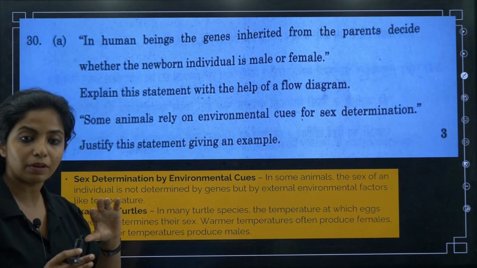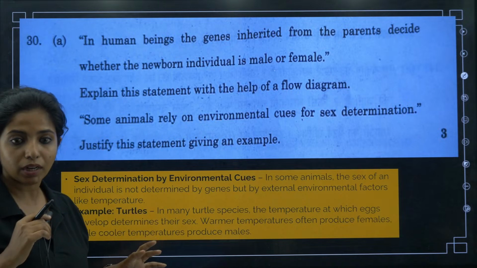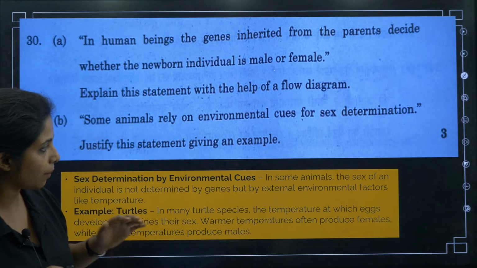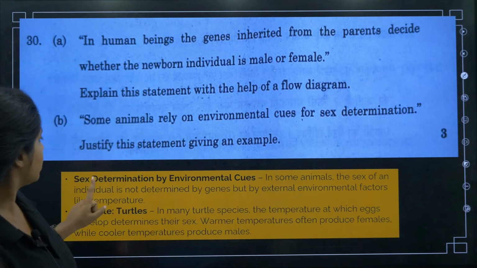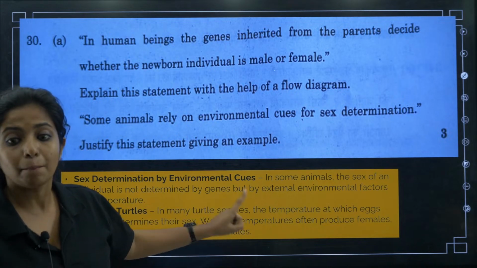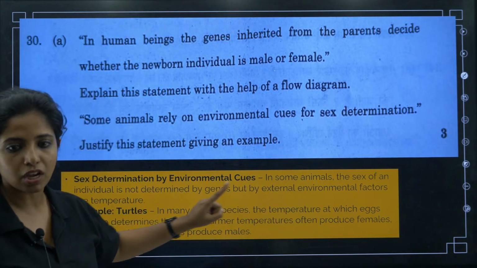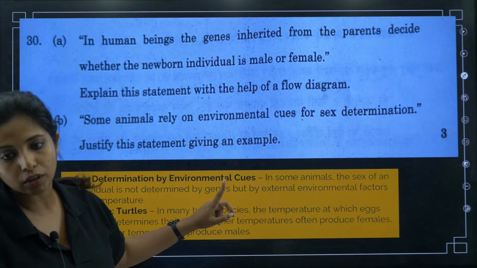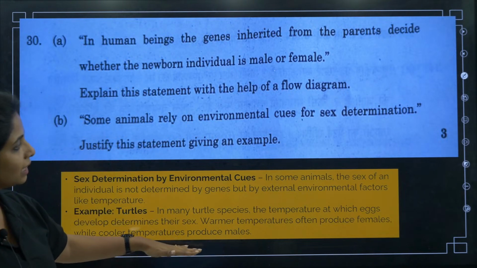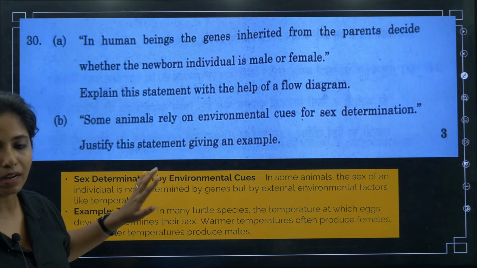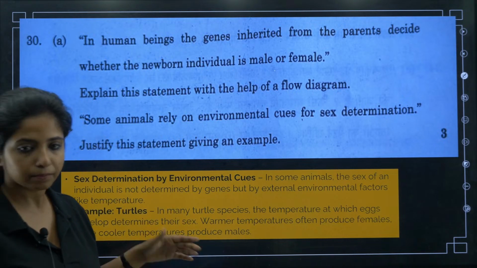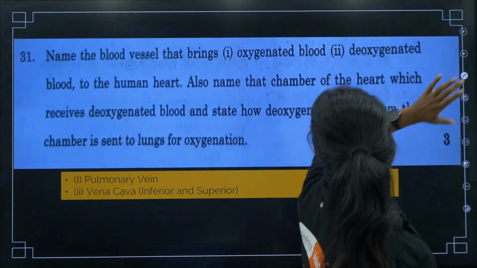There are many enzymatic reactions happening in their body which make this happen. So in some animals, the sex of an individual is not determined by the genes but by external factors which you call environmental cues, and you can write the answer like this with the help of an example which is asked in the question. Okay, going ahead, this is a 3-marker question.